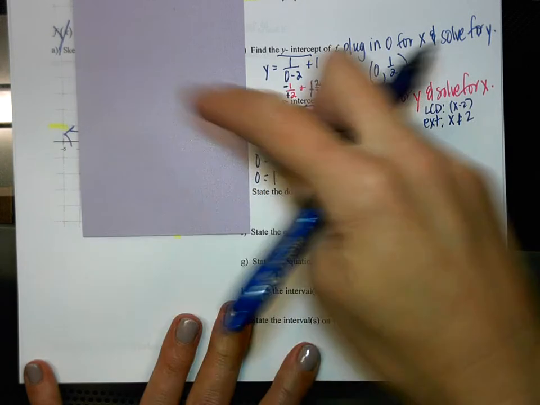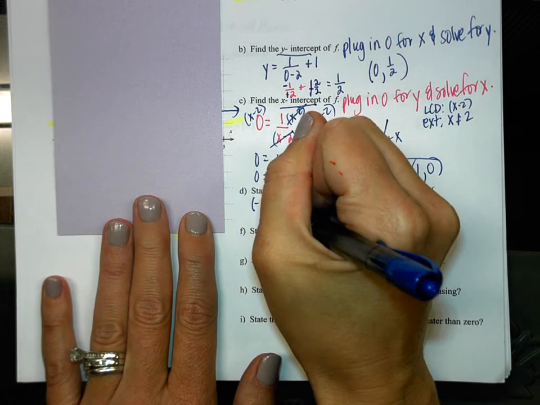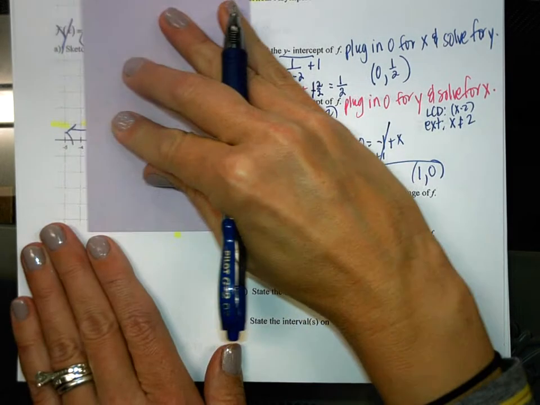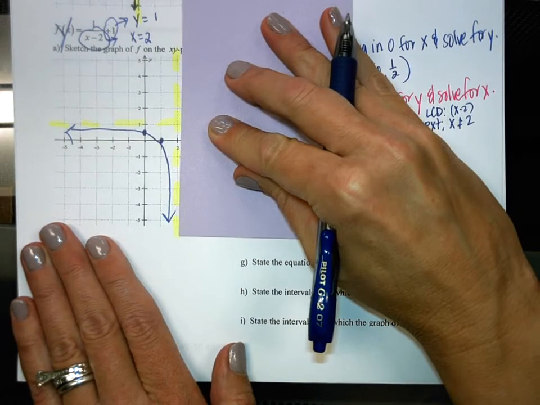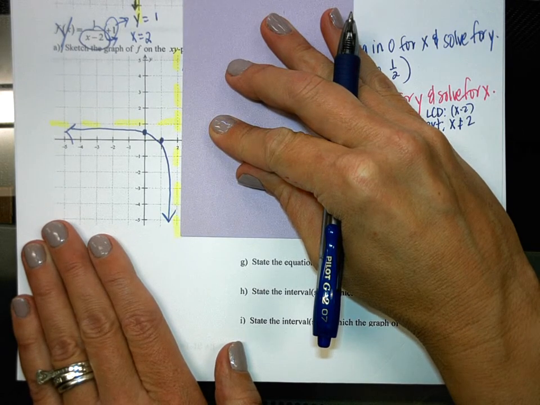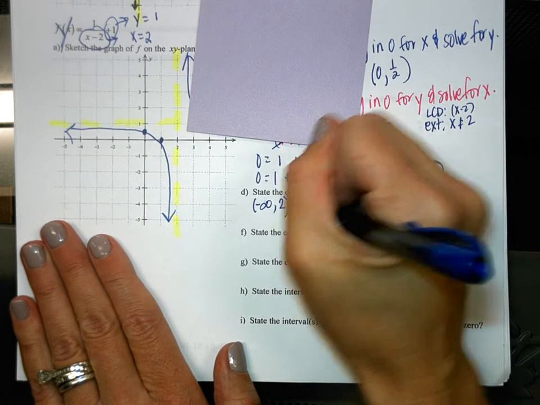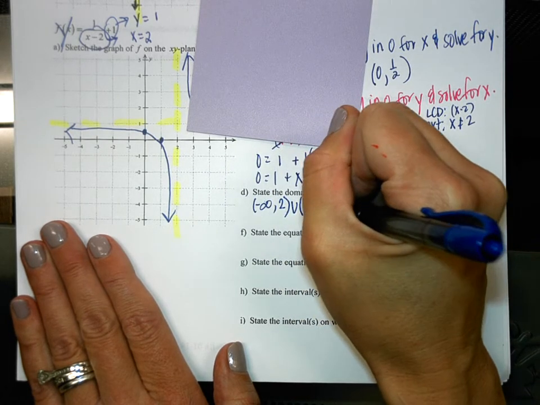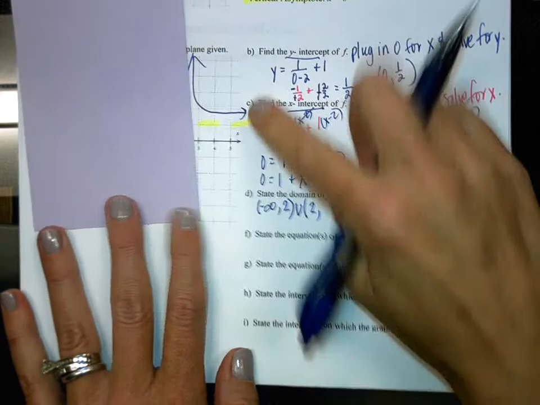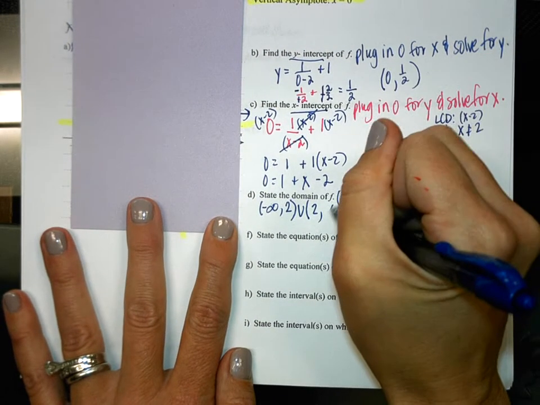Since we have an arrow there, we know it starts at negative infinity. Okay, and it goes along. And when you get to an asymptote there, you have to stop. So that means we're stopping at 2. So negative infinity to 2. And then it starts right back up again at the 2. And it goes all the way to that arrow, which is positive infinity.